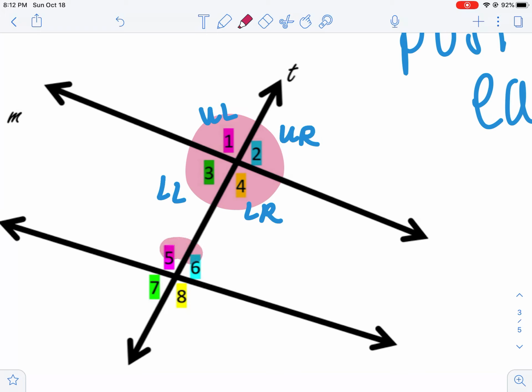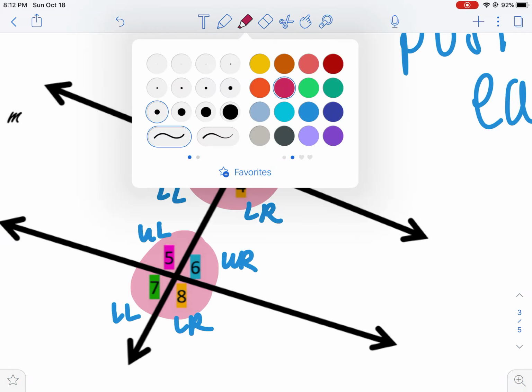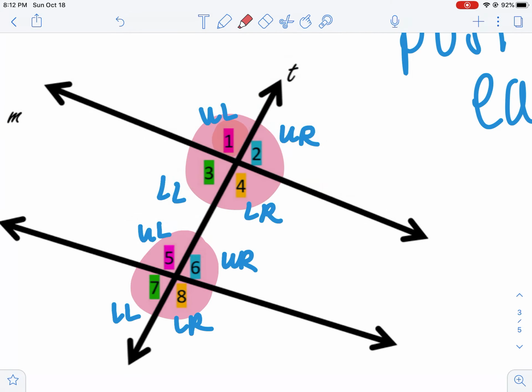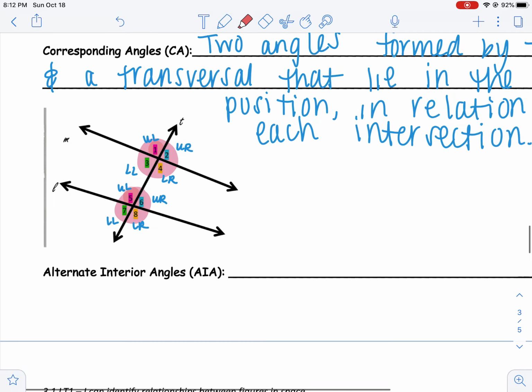Well, I'm going to look at the same kind of 4 angles, but where it was formed on the other line. And I'm going to see upper left, upper right, lower left, lower right. Okay, and I see indeed that angle 1 and angle 5 are both in that upper left. That tells me that angle 1 and angle 5 are corresponding.